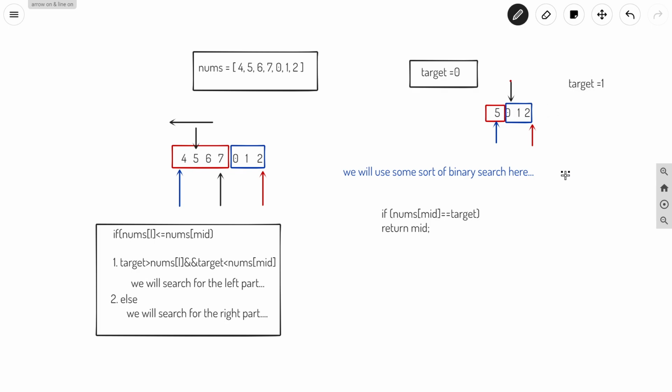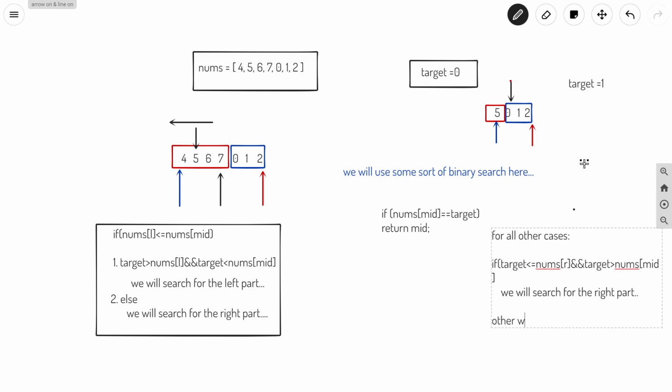So I will write here, this is the case for all other cases: if the target is less than or equal to nums of R, and also greater than nums of mid, then we will search for the right part, and otherwise we will search for the left part.